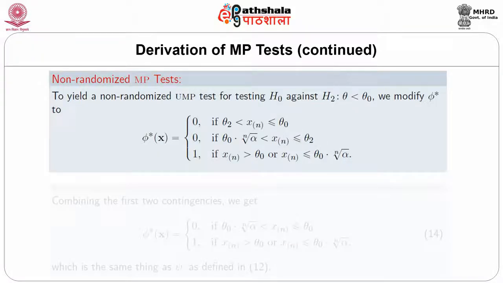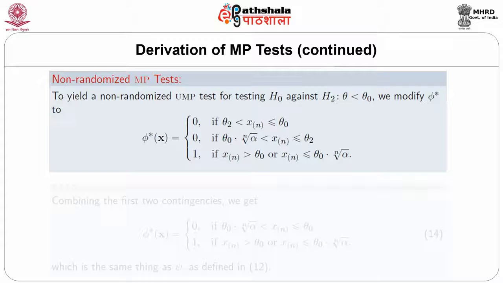So, that is the region where you can take phi star any value between 0 and 1, that is, x order n greater than theta naught and simultaneously x order n less than or equal to theta 2, and the size condition, that is, the expected value under theta naught of phi star, must be alpha.